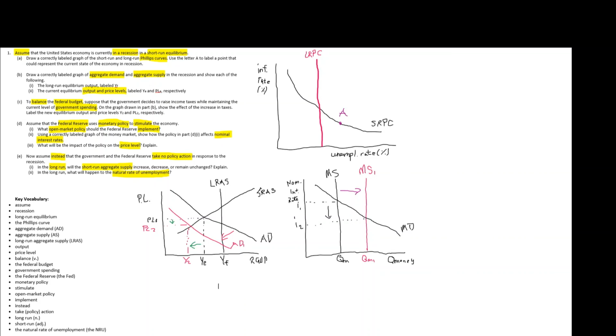Similarly, when we have a decrease in the interest rate because of central bank intervention, that's going to lead to higher consumption related to lower interest rates and higher investment. That would shift our AD curve out to the right, and that would reduce unemployment.